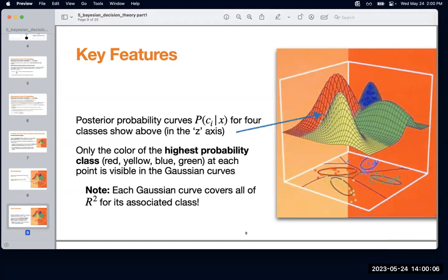So an important observation here is that even though we are limiting the range that we can see in that plot, these bell curves, or these surfaces, are infinite. The range of that curve would be from negative infinity to positive infinity.